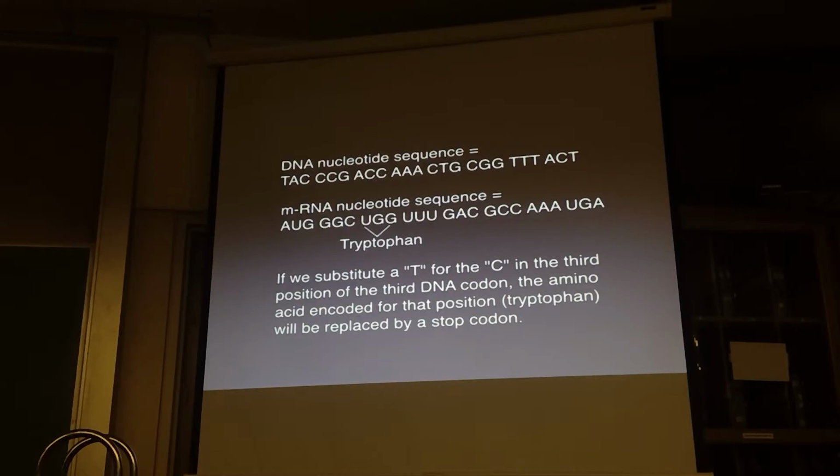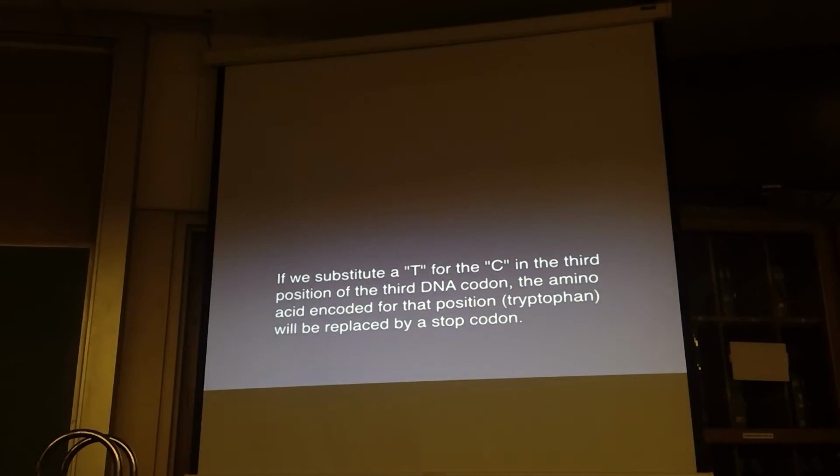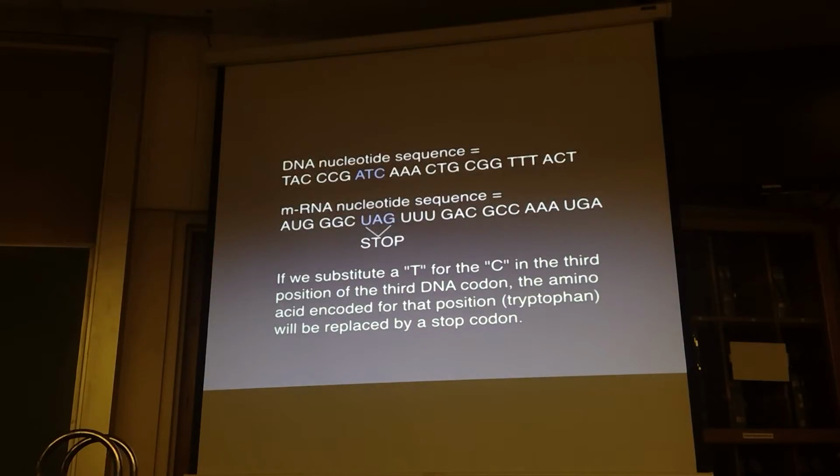Anyway, what happened is what was tryptophan, we changed that, and now it becomes a stop codon. So if you insert a stop codon someplace in the middle of a sequence that was supposed to be a polypeptide, you're going to cut or truncate that polypeptide, and probably it's not going to be functional.